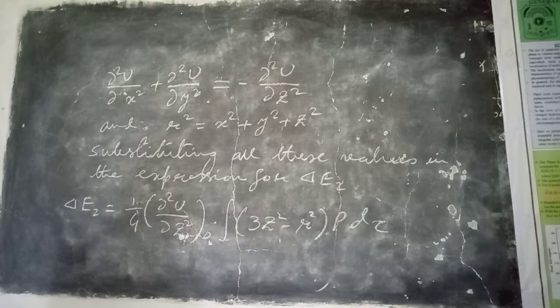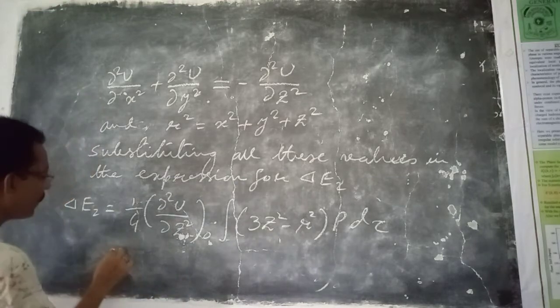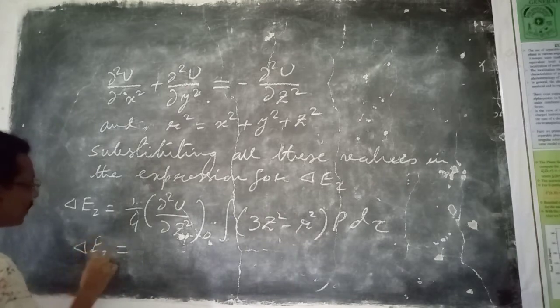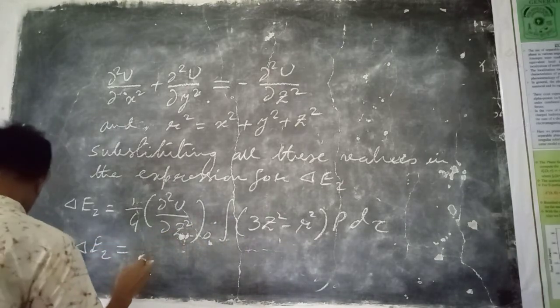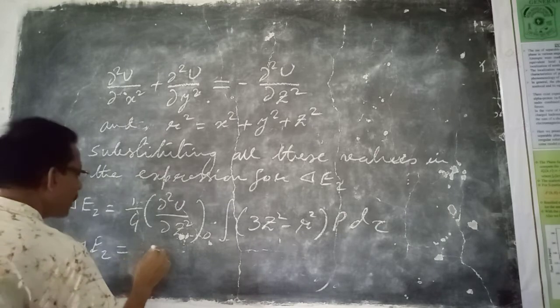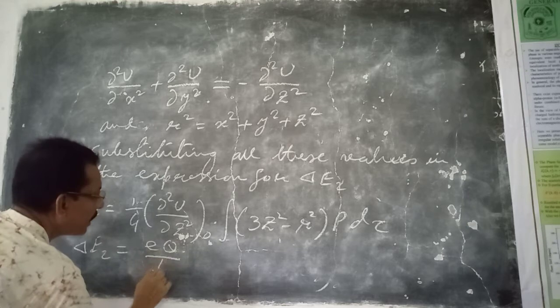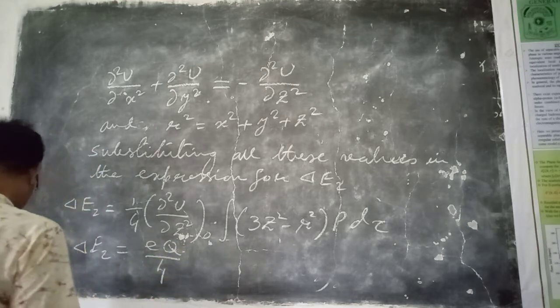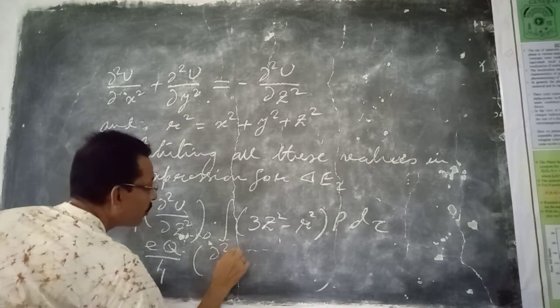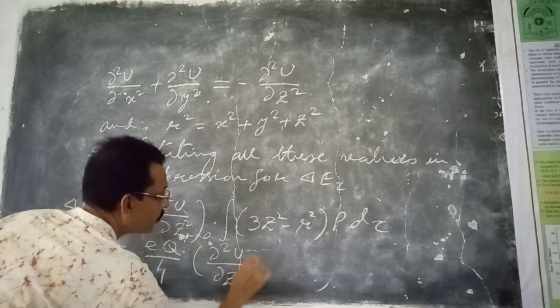In case of x square plus y square, we put from this relation r square minus z square. And that is written as ΔE2 equals eQ/4 ∂²U/∂z² at 0.